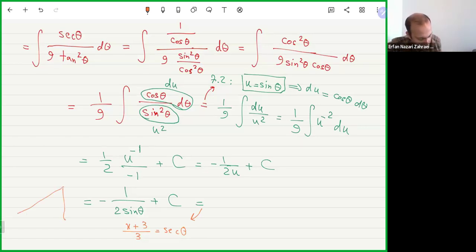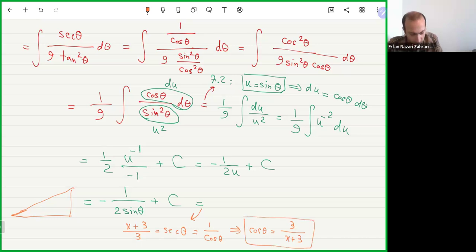Let me make this reference triangle here. Secant, which is 1 over cosine, is this. Hence, cos theta is 3 over x plus 3.